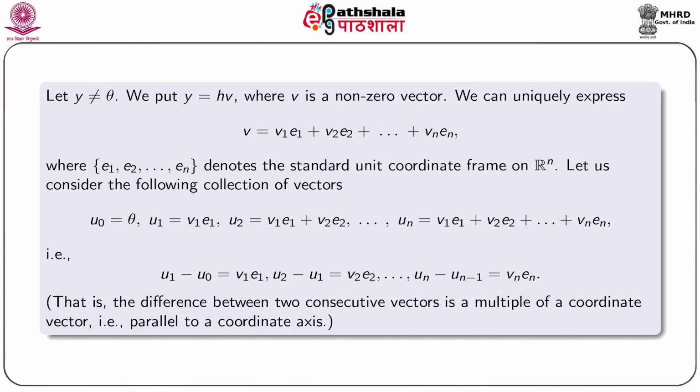So, U 1 minus U 0 equals v 1 e 1, U 2 minus U 1 equals v 2 e 2, and similarly U n minus U n minus 1 equals v n e n. In language, the difference between two consecutive vectors is a multiple of a coordinate vector, that is, it must be parallel to a coordinate axis.